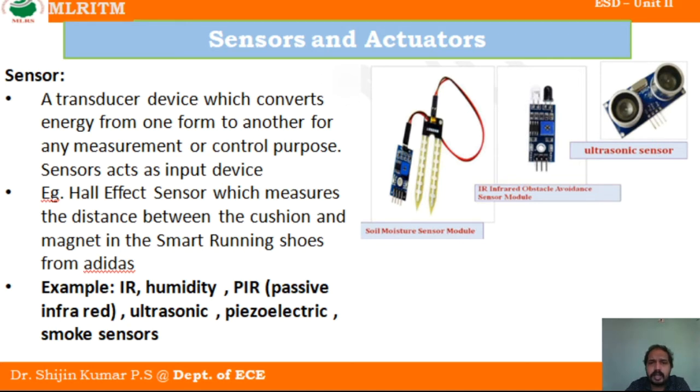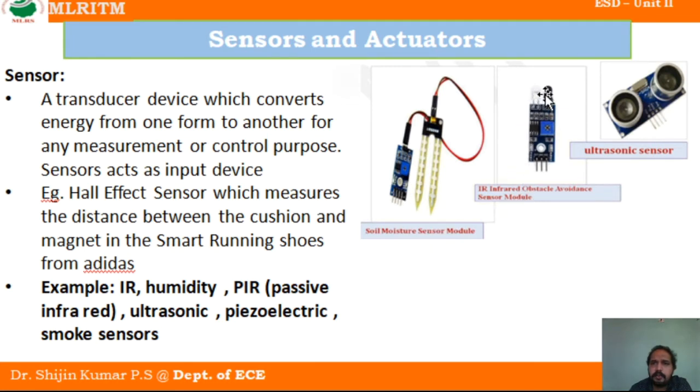Some examples of sensors are infrared sensors, humidity sensors, ultrasonic sensors, piezoelectric sensors, and smoke sensors. Here are some diagrams showing sensors. One is a soil moisture sensor, that is a humidity sensor.